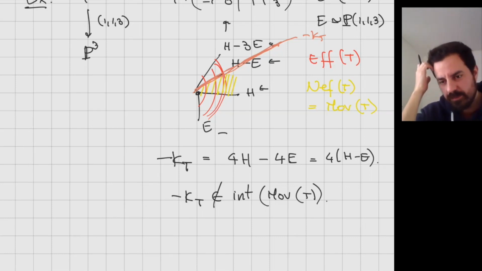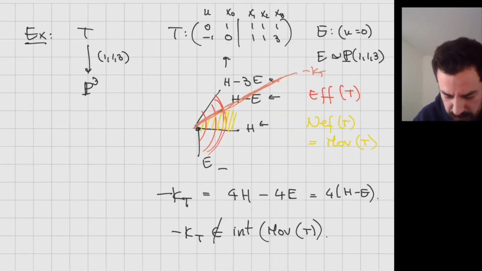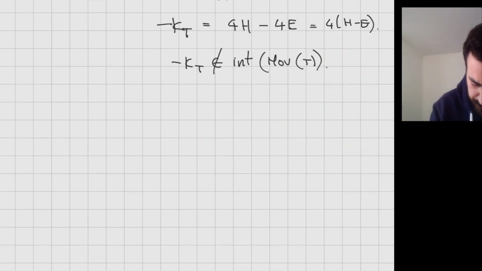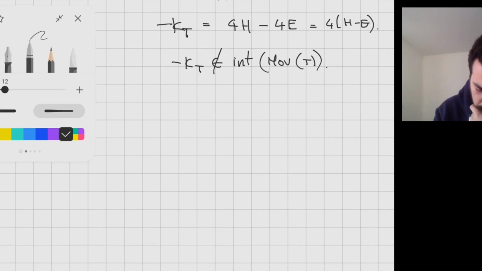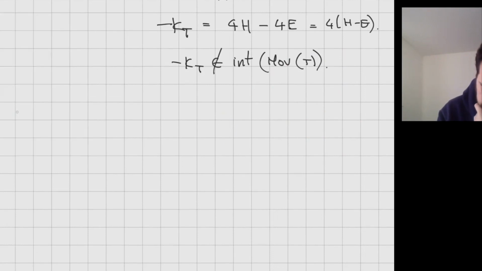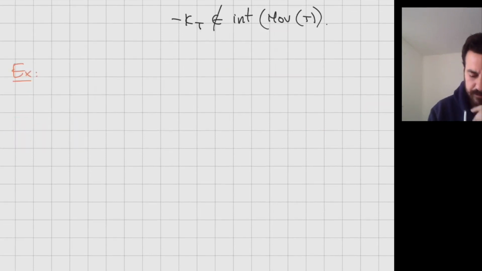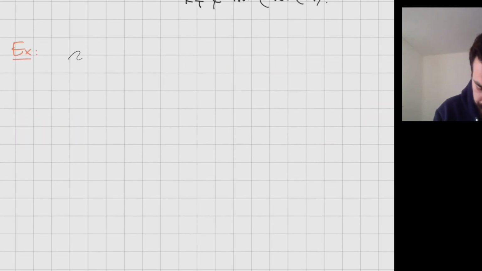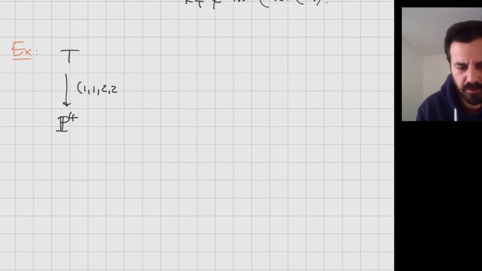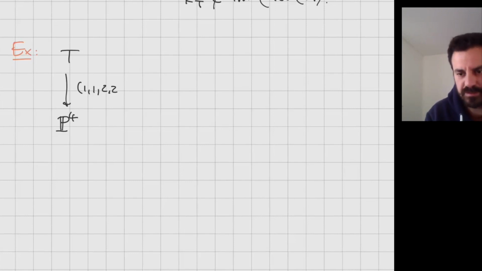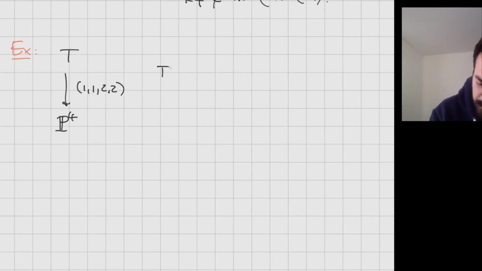Let me give you an example that does give you a link. Now we go to P4, and we have a (1,1,2,2) weighted blowup of the origin, so (1,0,0,0).